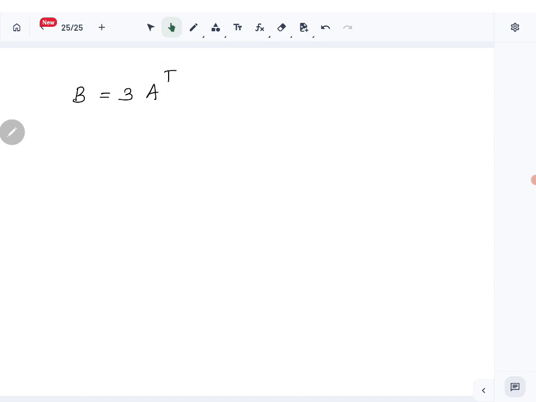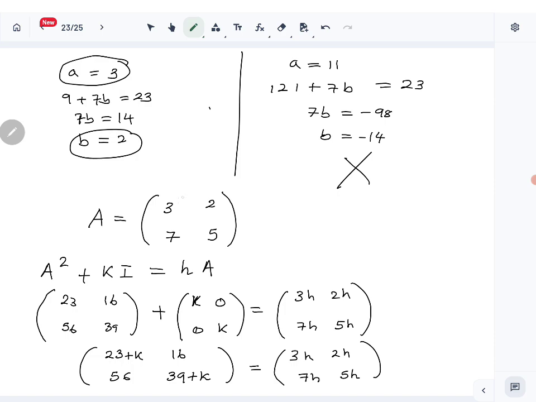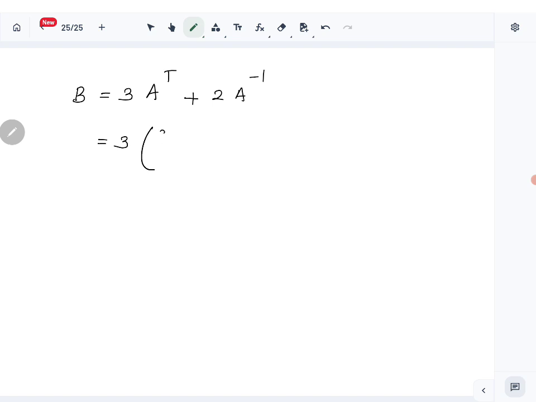So then A transpose is what? Okay, transpose of this one. So A transpose is 3, 7, 2, 5.